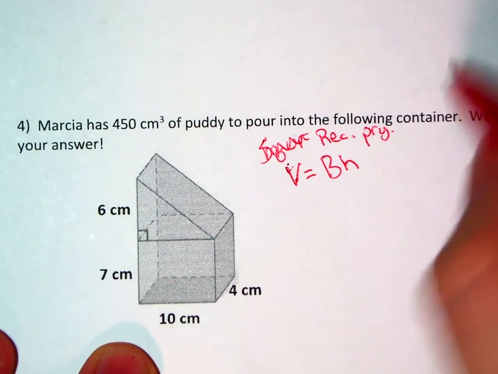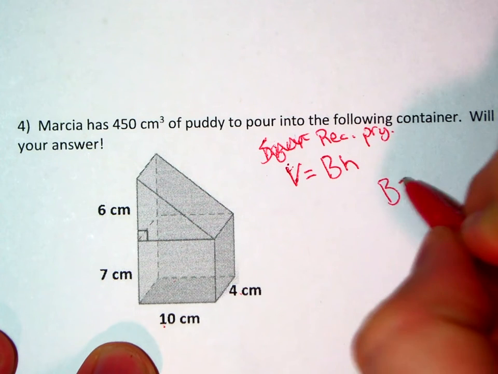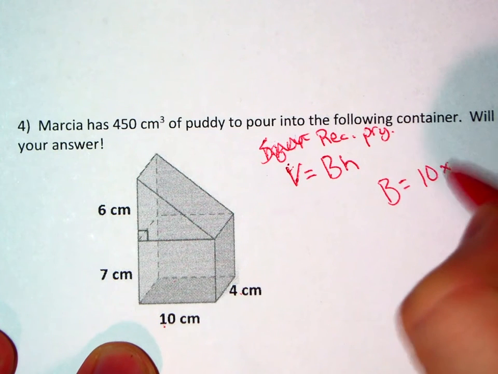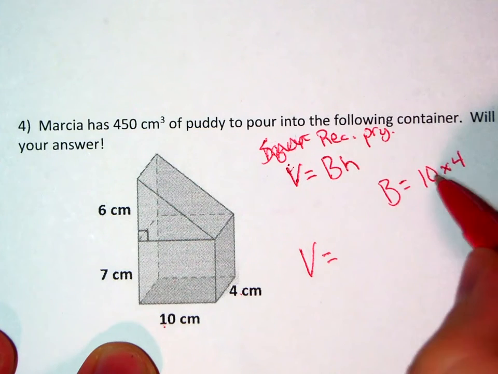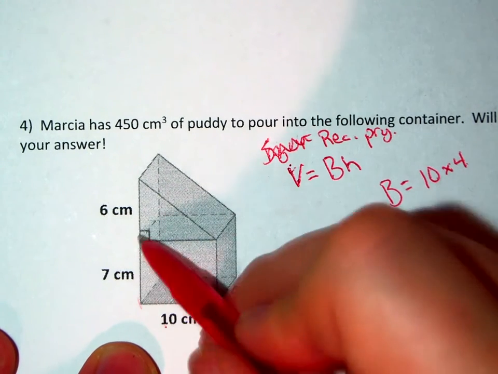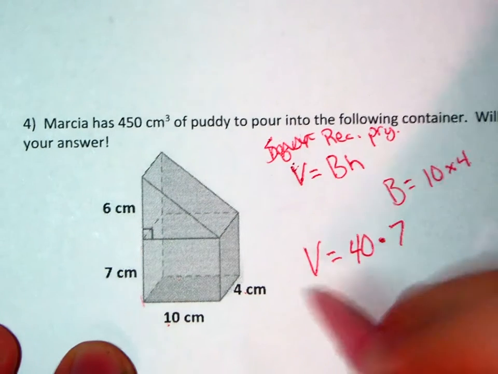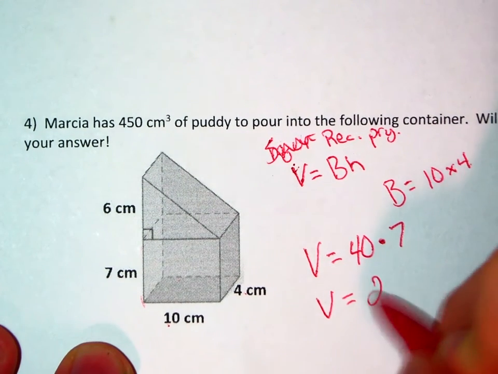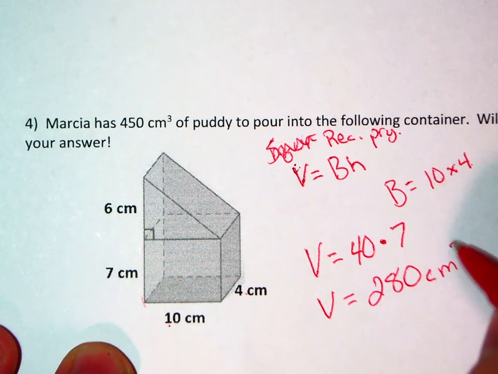The base of this particular rectangular prism is 10 times 4. So my big B is equal to 10 times 4. So V equals now 10 times 4 is 40 times the height of my rectangular prism, so times 7. So V equals 280 centimeters cubed.